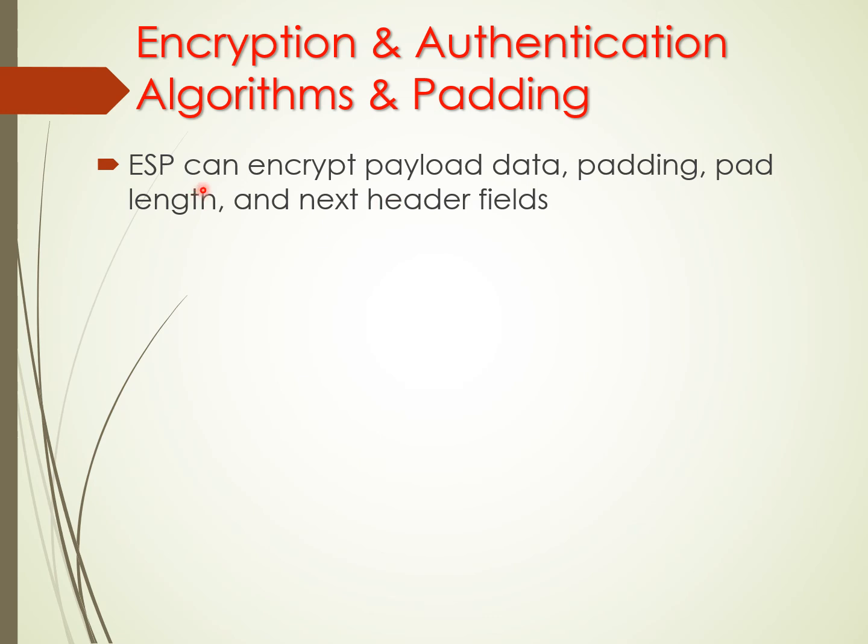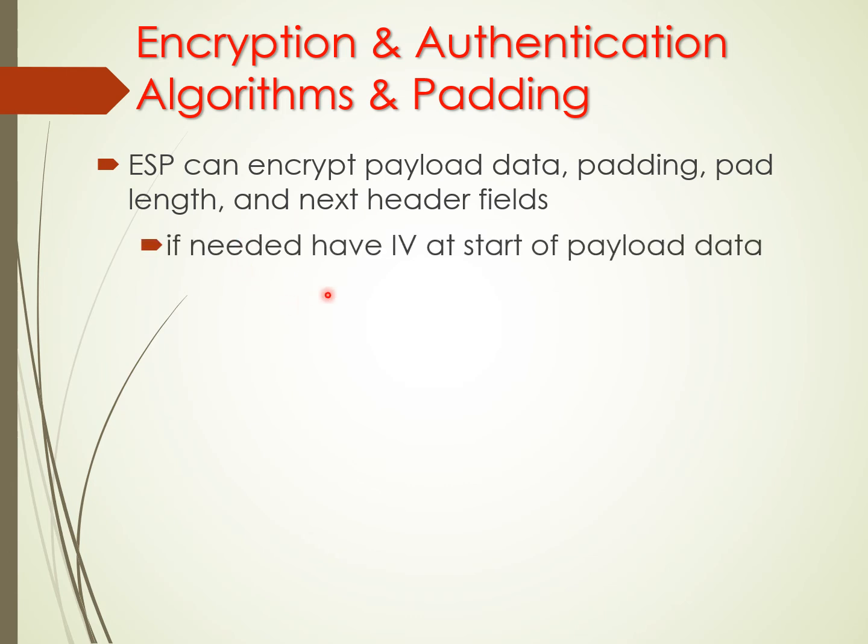Encapsulated security payload encrypts several fields: the actual payload data, the padding bits that we use to pad, and the next header field. If needed, there is an initialization vector at the start of the payload data, as mentioned in the substructure of the encapsulated security payload.